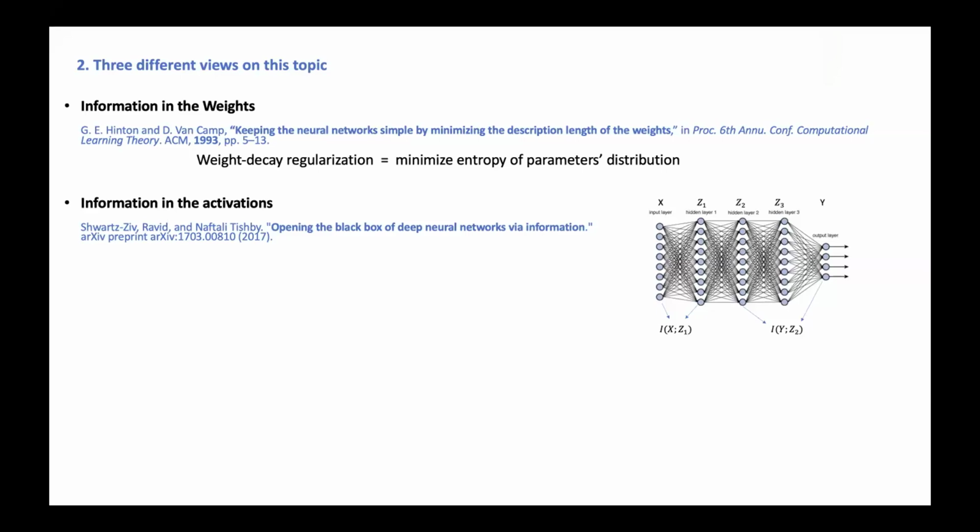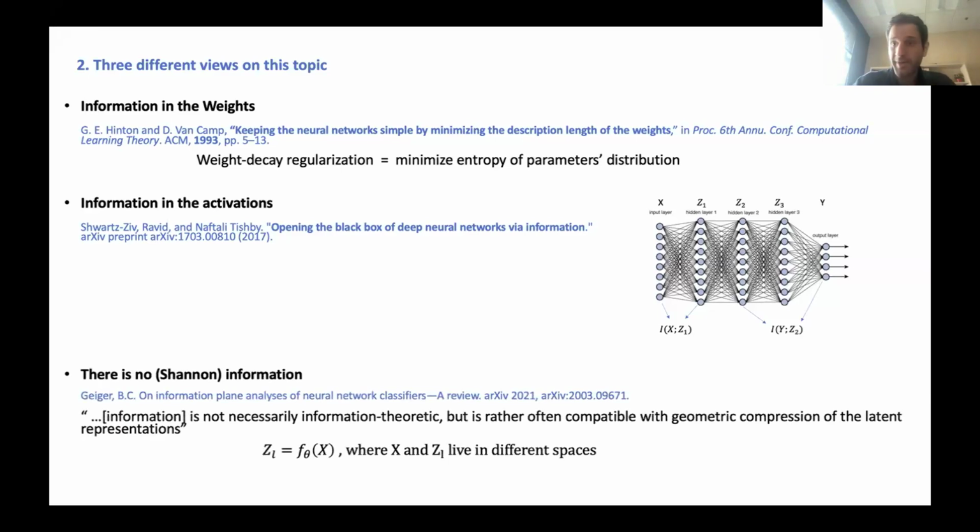Okay, thank you. That was a very good question. And the last view is the end of the spectrum, which is that we are just wasting our time. There is no Shannon information. Interestingly, this also has many followers. This is one of the papers I found. In this view, we think of the information processing in a neural network as a kind of geometric information. Or maybe this is related to what you just said, George. The neural network is not handling Shannon information, but rather just mapping a vector from one space to another space.